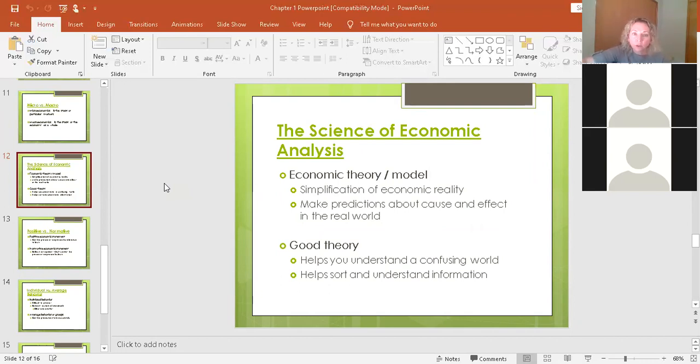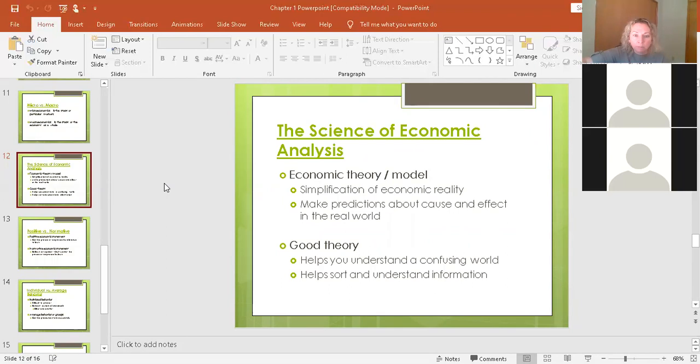The reason we have to create models and theories is because the reality of people's behavior is much more complicated than a model can ever record. And so we're really just trying to simplify reality in a way that we can make it useful in terms of trying to make some prediction about human behavior and economics into the future.